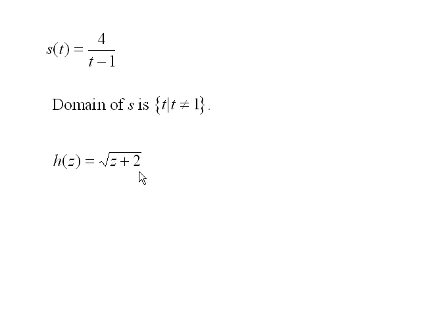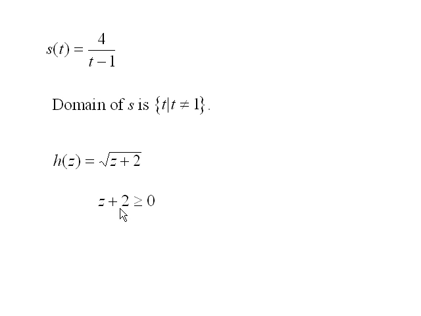One more example. How about a square root? h of z is the square root of z plus 2, for instance. What's the domain of h? Well, again, what I want to be careful of is to make sure my arithmetic as real number arithmetic makes sense. So I want to make sure I'm not taking the square root of a negative number. When does that happen? I want to make sure that z plus 2 is not negative.